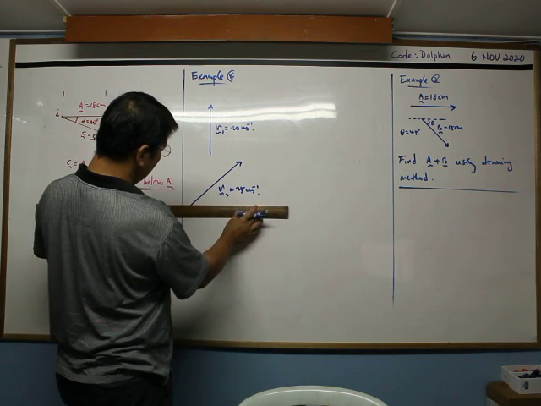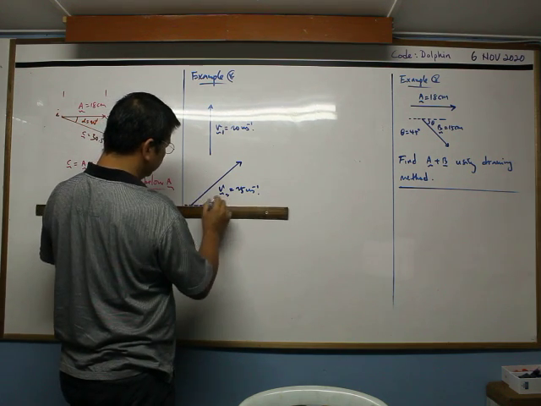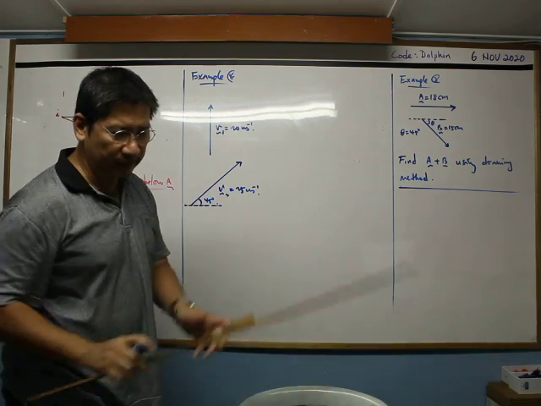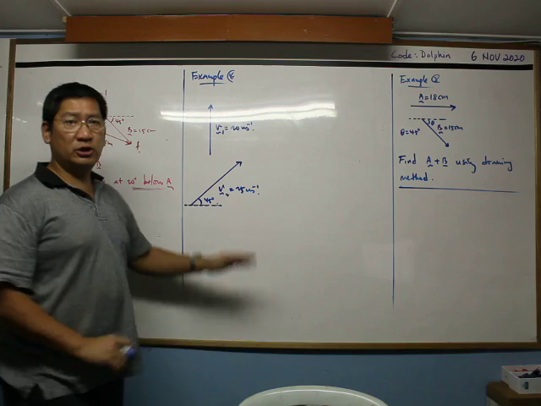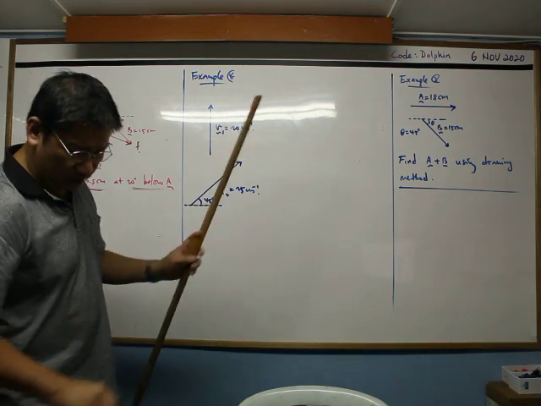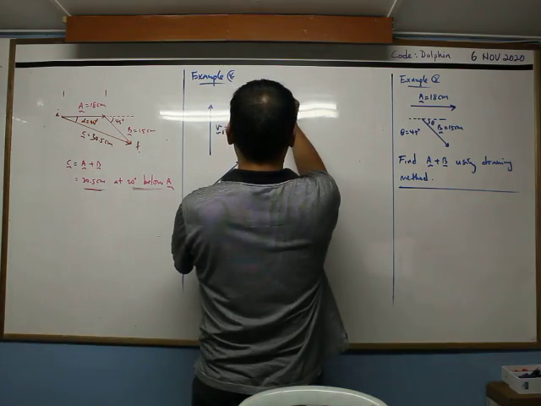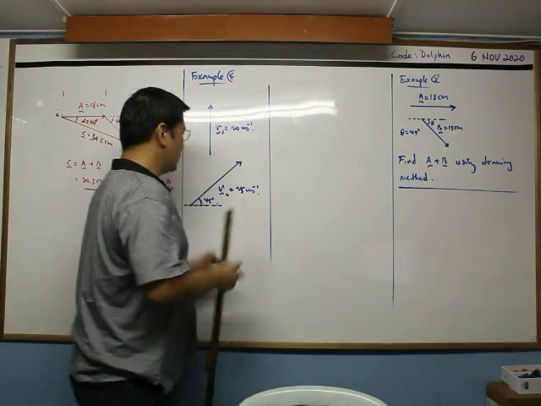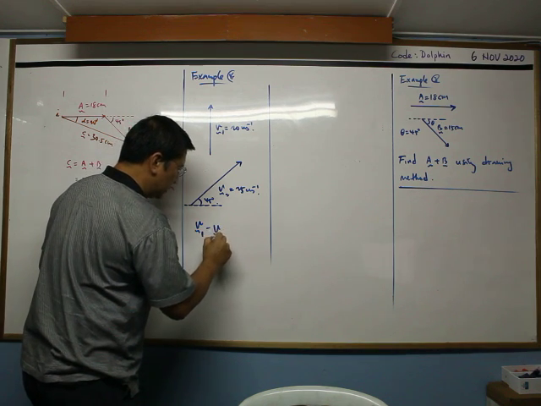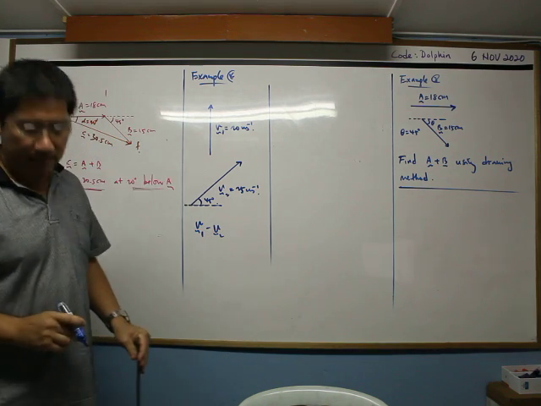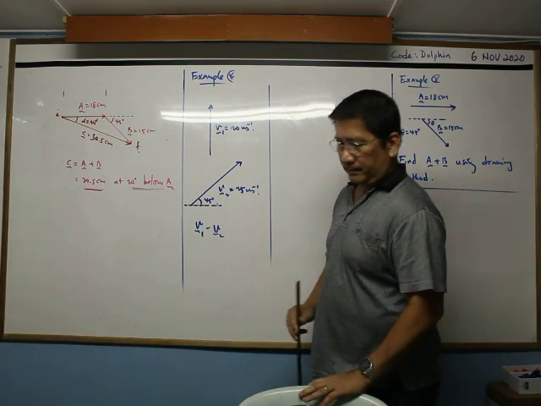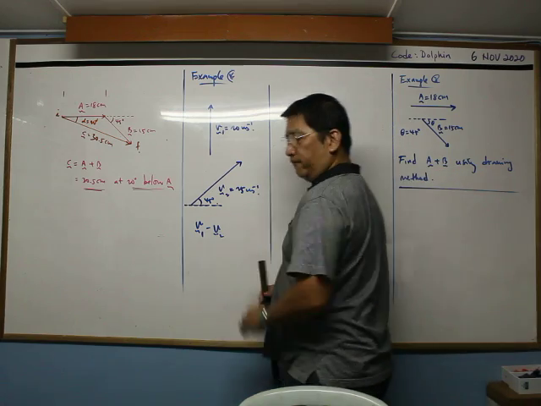So I give you some other information. This one is 45 degree. Okay, 45 degree. So that means this one is northeast. Okay, northeast. So to solve this, first we draw vector number 1, because the question says number 1 minus number 2. Plus is easy, but minus is slightly different here. So number 1, you draw first vector.